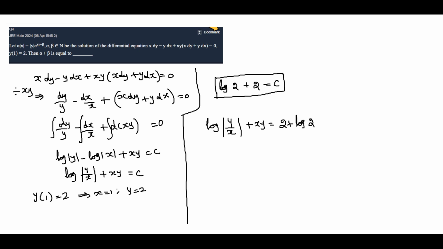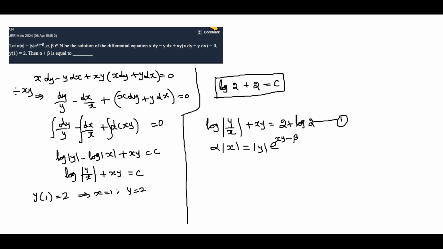Okay, but we need the function in the structure of alpha mod x equal to mod y e power xy minus beta. So some simplification needed in equation 1.